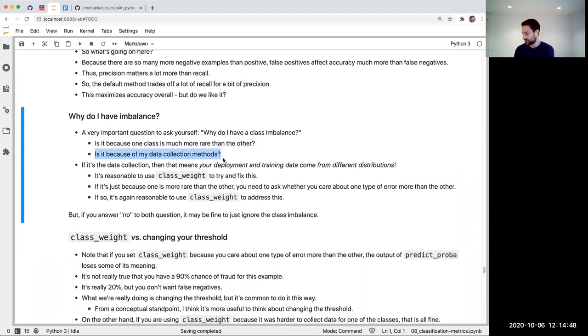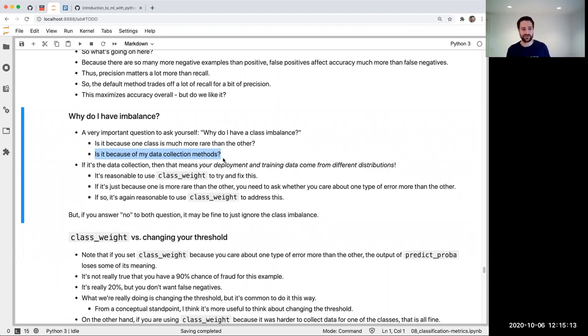It could be that there are actually tons of frauds, but they're just less likely to be included in the data set. That's not really realistic in this case. But going back to the census one, maybe 99% of the people filling out the census had lower income, but it turned out that was just because they were more likely to fill out the census, or vice versa for higher income.